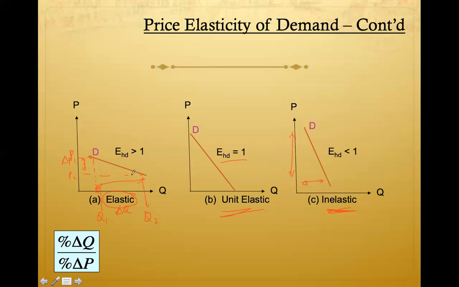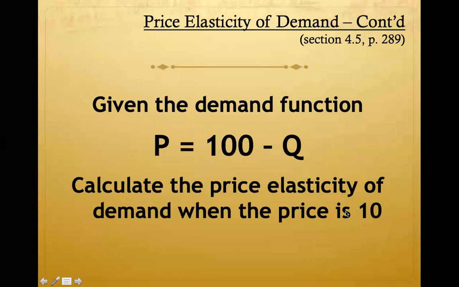Elastic means that even if the price changes a bit, the quantity changes a lot. If the price changes a lot but the quantity changes only a small amount, that is inelastic. This is the example of elasticity.